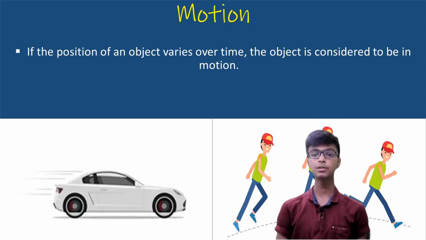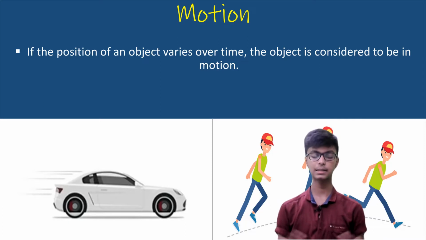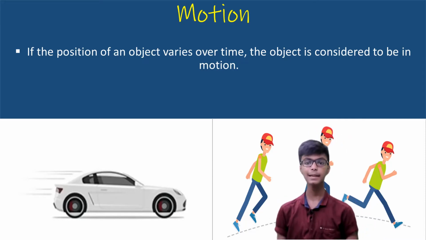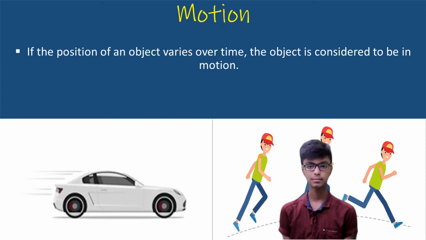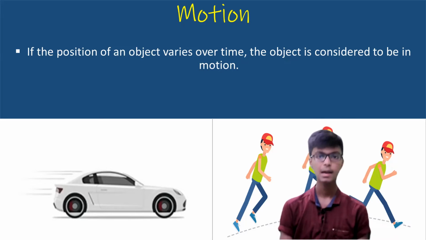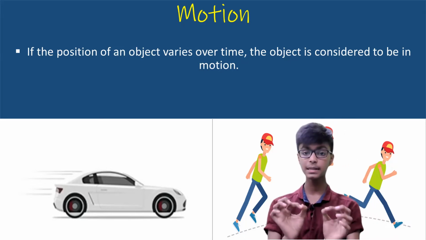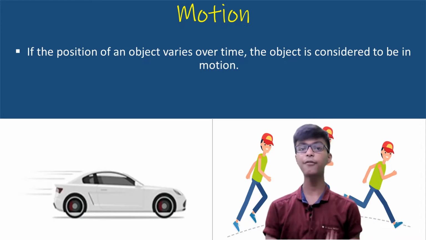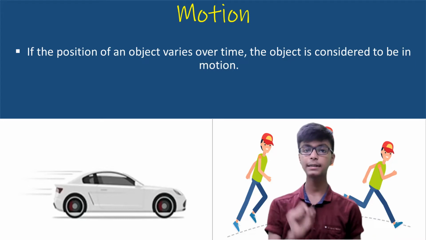So let's come back to our chapter and discuss motion. We have read the part in class 8, but let's just recall it for a second and focus on class 9. So what is the definition? In biology, I never say that you have to memorize the definitions.